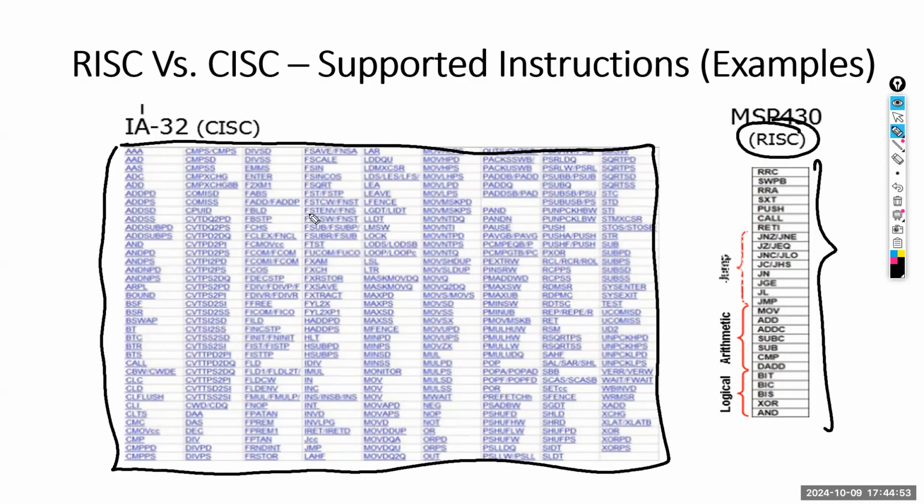Clearly this one supports maybe 20 instructions, and that one maybe 200. Here there are just two add operations, add and add C, sub and sub C. But there, you can see so many add variations, about 10 add operations.